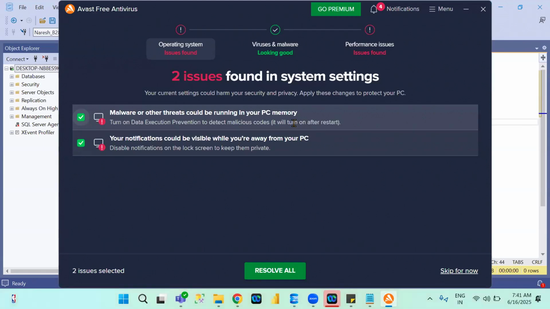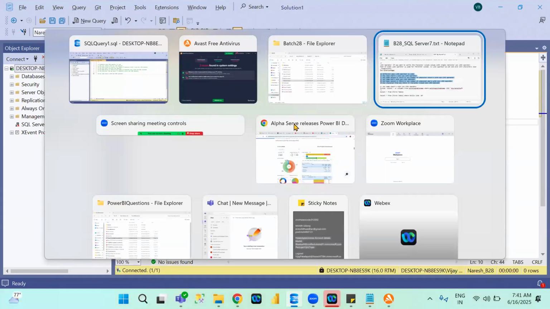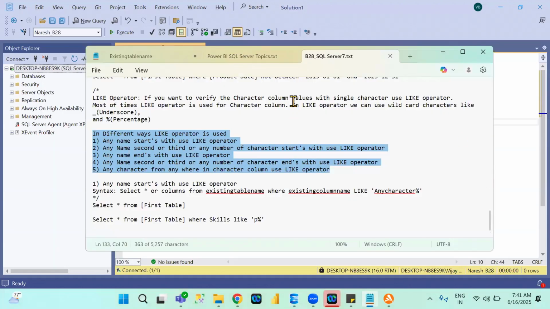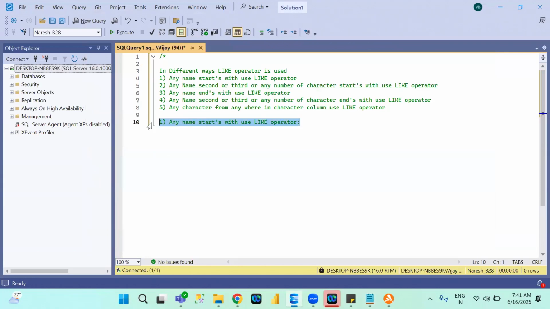Now the second one. For any name whose second or third or any number character starts with a particular character, use the LIKE operator.